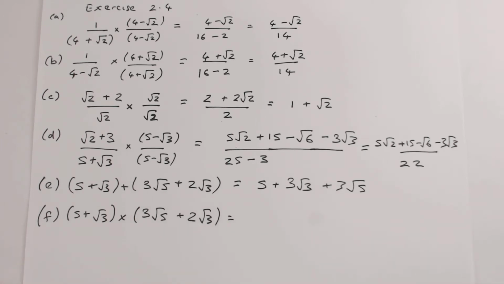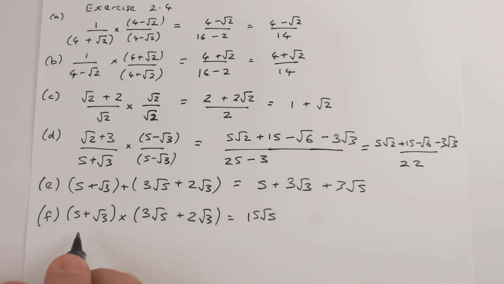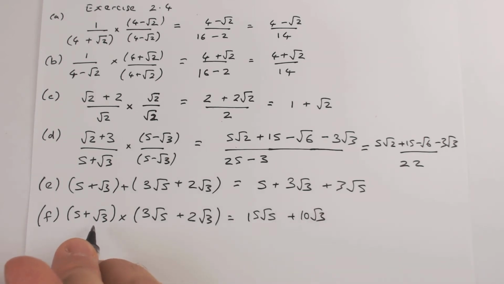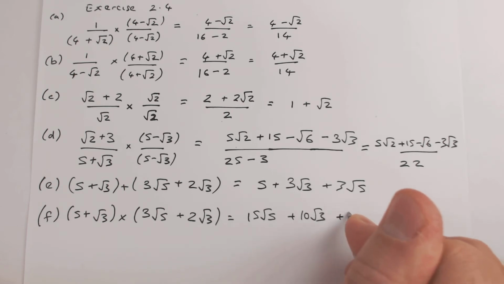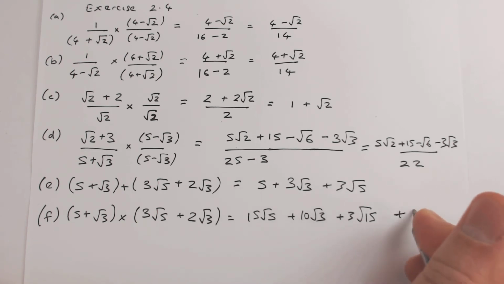Okay, so we want to do 5 times this, so we've got 15 root 5, 5 times this, so we've got 10 root 3. Root 3 times that will give me plus 3 root 15. Root 3 times that gives me 3, so we've got 3 times 2 becomes 6.